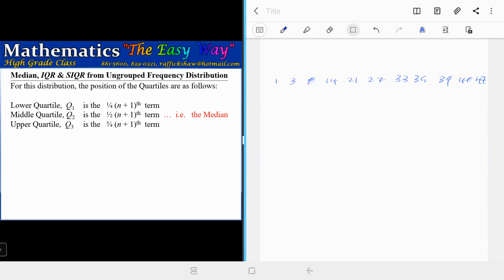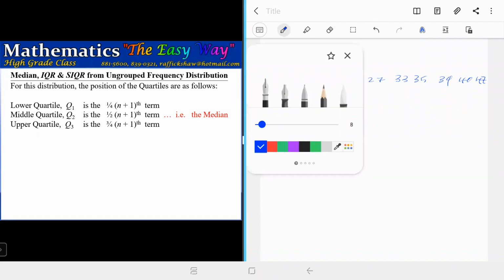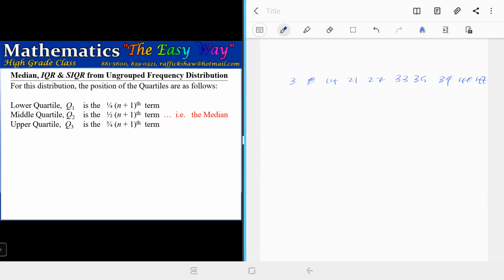I'm putting another value, 0, at the beginning. Now 12 values: 1, 2, 3, 4, 5, 6, 7, 8, 9, 10, 11, 12.